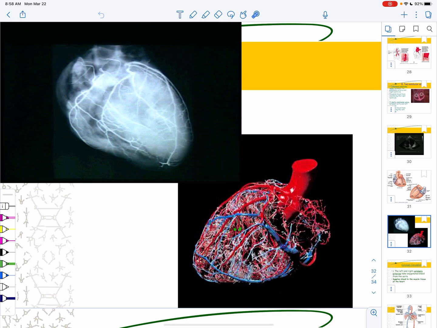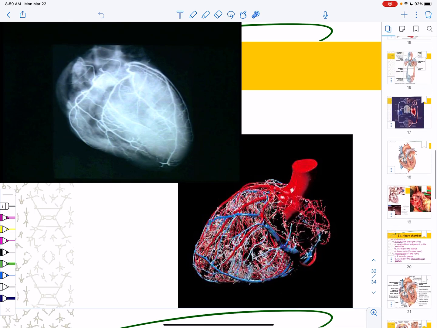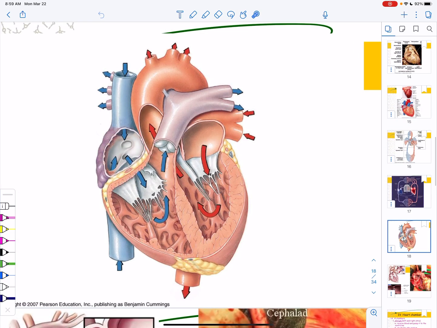Remember all those little capillary beds that have to be fed nutrients and oxygen to make cellular respiration take place. All right, so the aorta has connections to those coronary arteries, and what's inside of the heart is a whole bunch of muscle cells that need to be fed so that way the heart can contract.